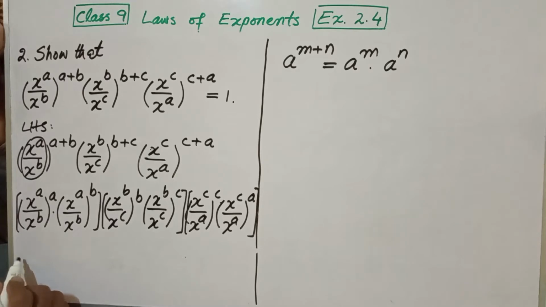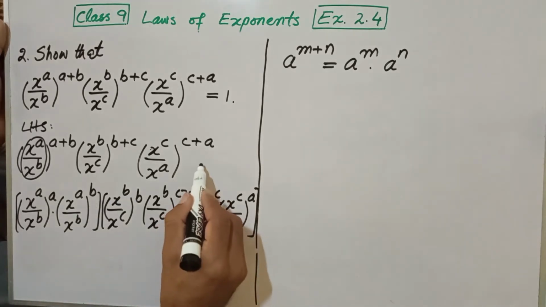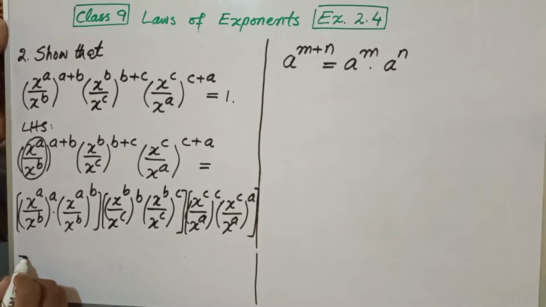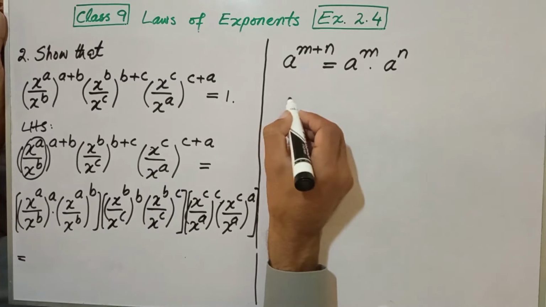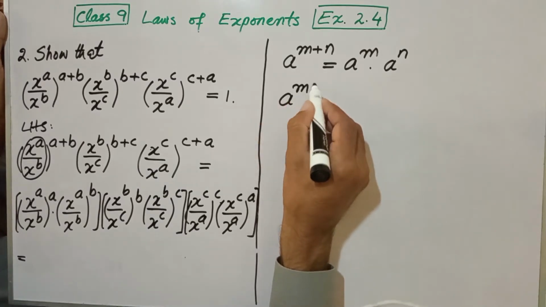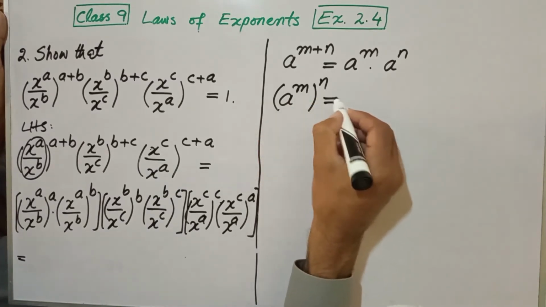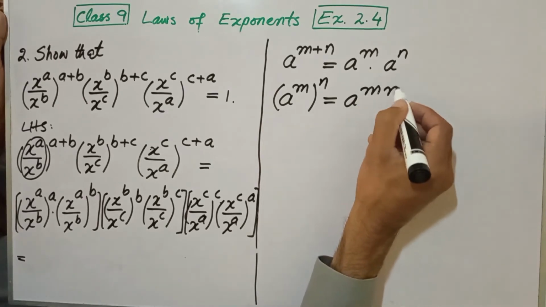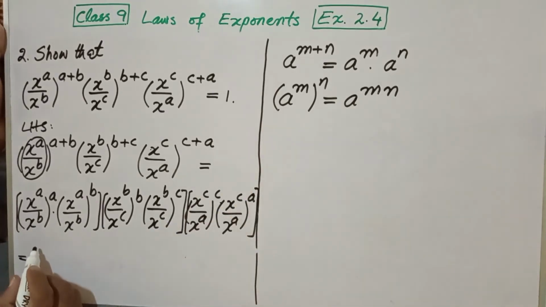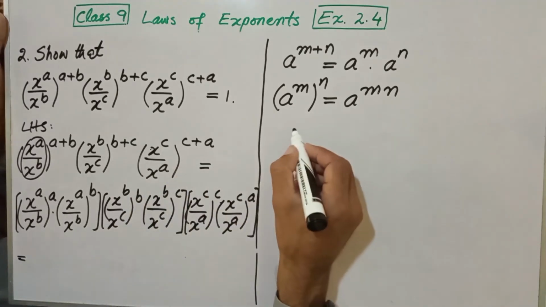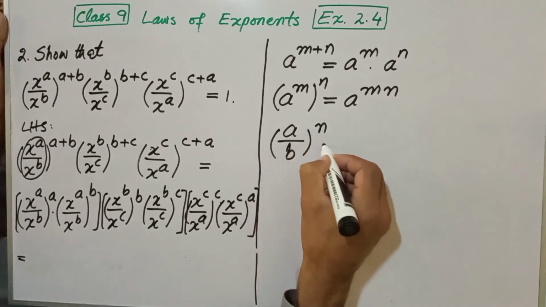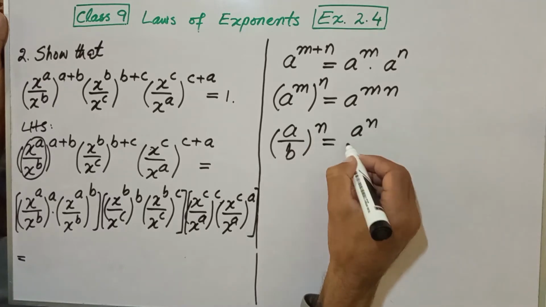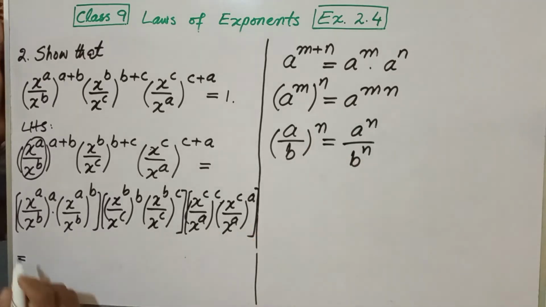Now this can be written as, using the property a power m whole power n, a power m into n. And also using the property a over b whole power n, which is a power n over b power n.